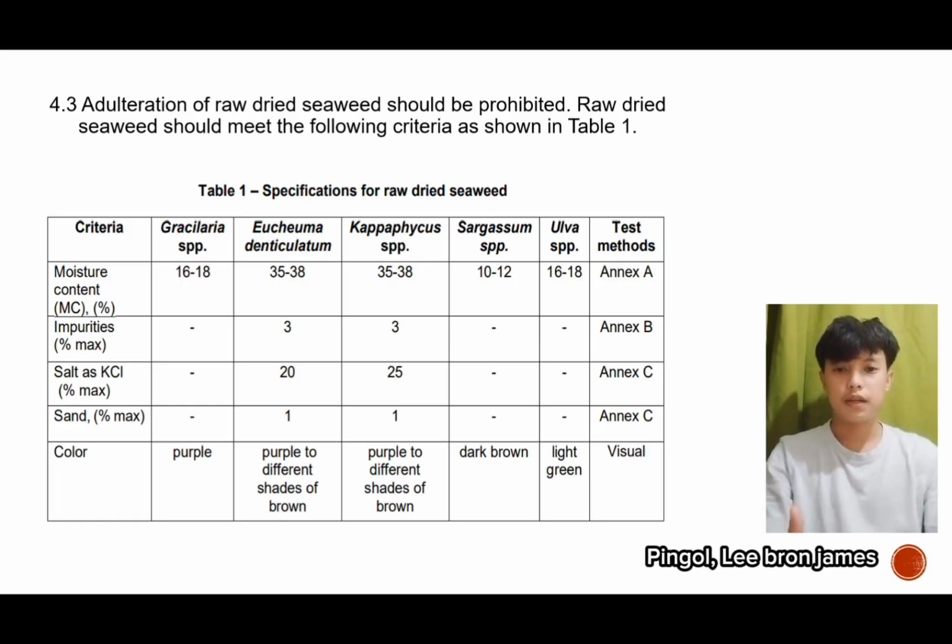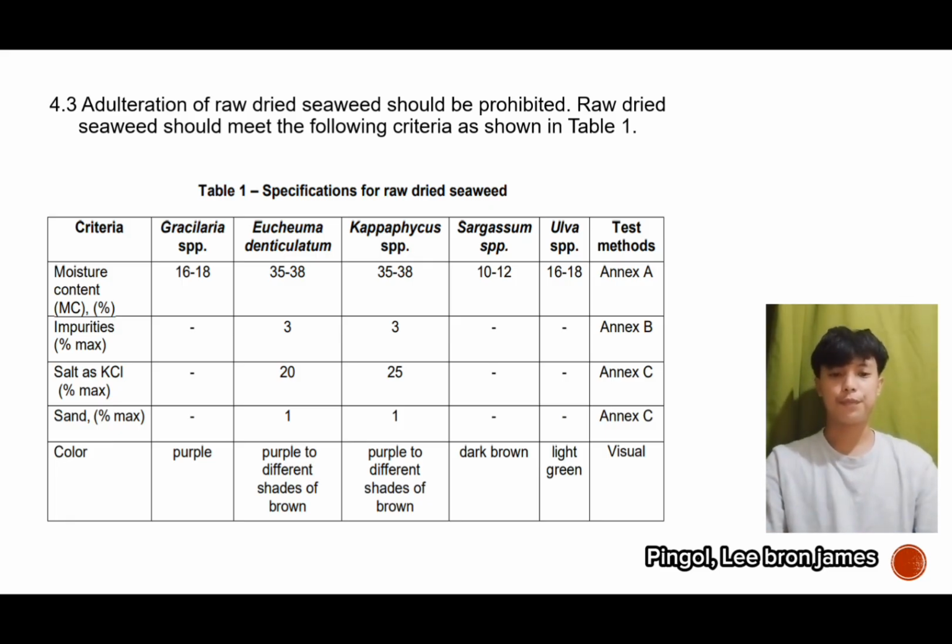So next, now let's look at the table. This shows the standard or limits for different kinds of seaweed. Things like moisture, impurities, salt, sand, and color. For example, Gracilaria should have 16 to 18 moisture and purple color.